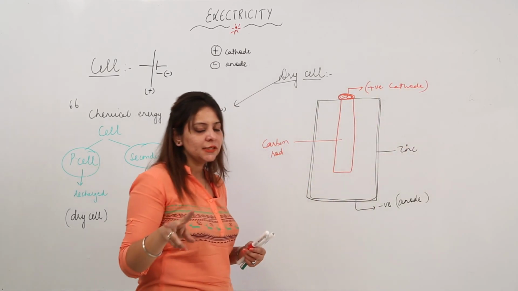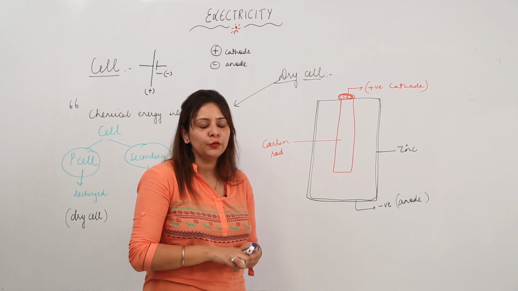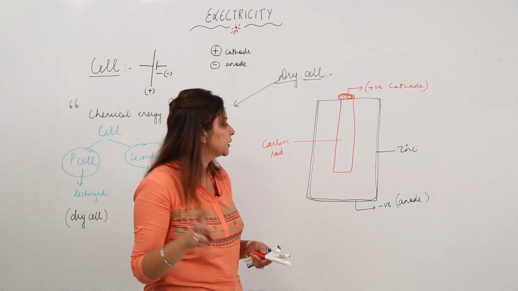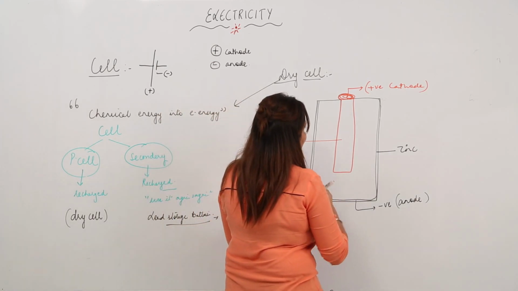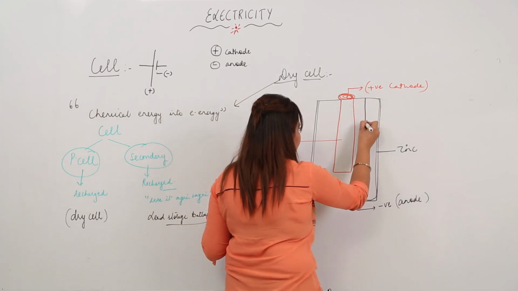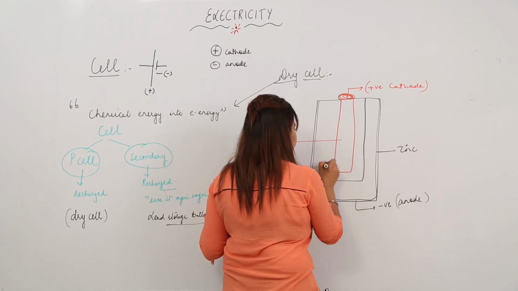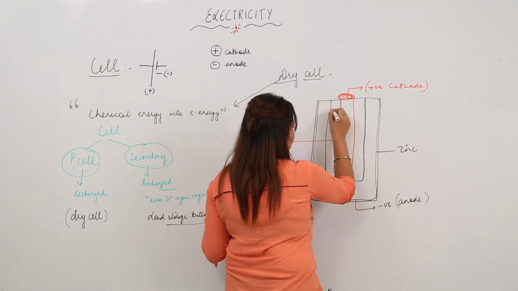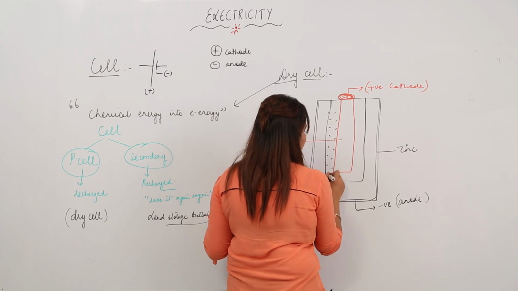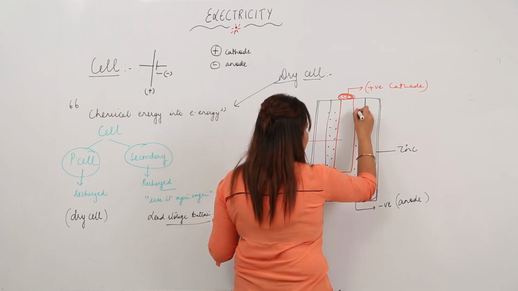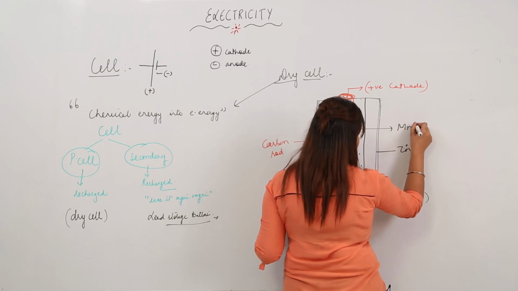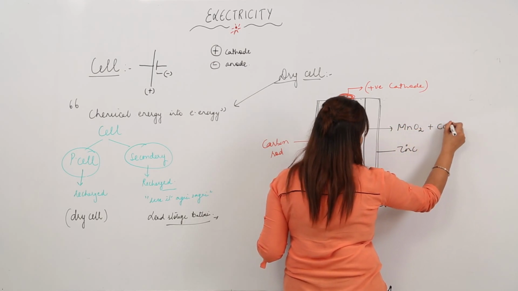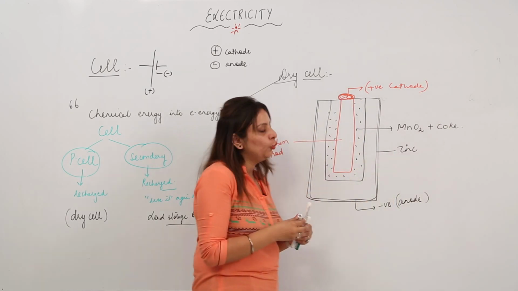So we have two terminals now, because wherever we want to supply electricity, we need two terminals. So they are here. And you know that the carbon rod is surrounded by a certain material present in a muslin bag, and it is manganese dioxide with coke, carbon in the form of coke.